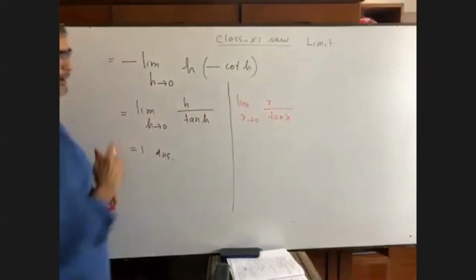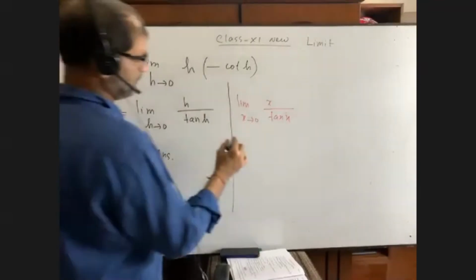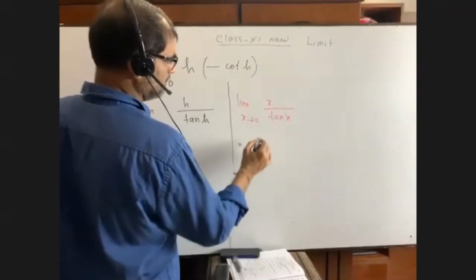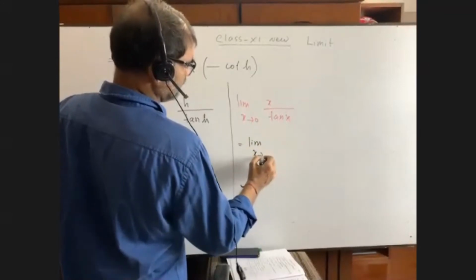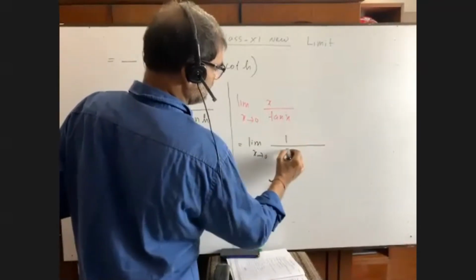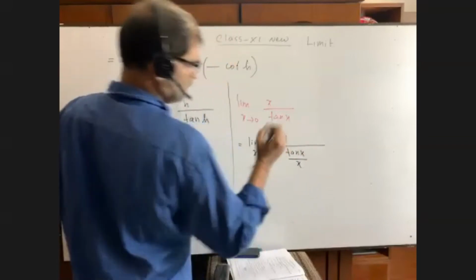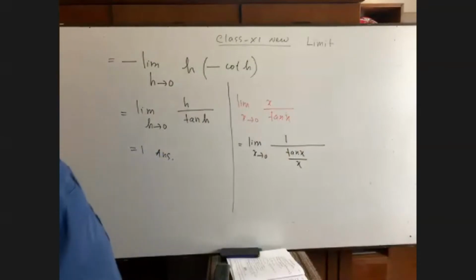The same format, right? So can it be written like this? Is equal to limit x tends to be 0, 1 by tan x by x. Can it be written? This x now can be in the numerator. Talk to me. Yes, sir. Okay.